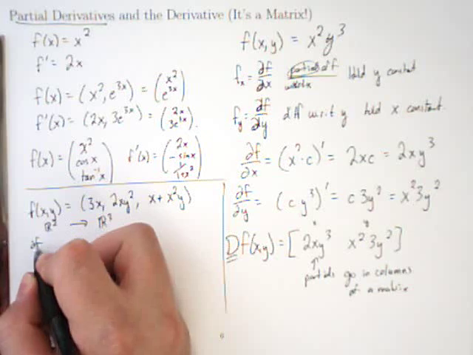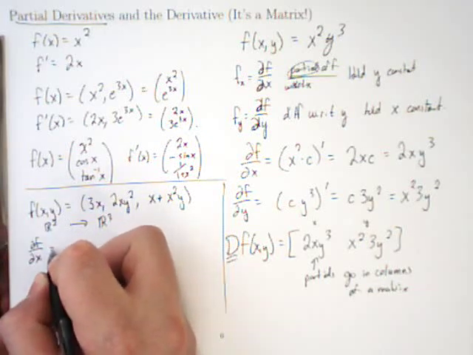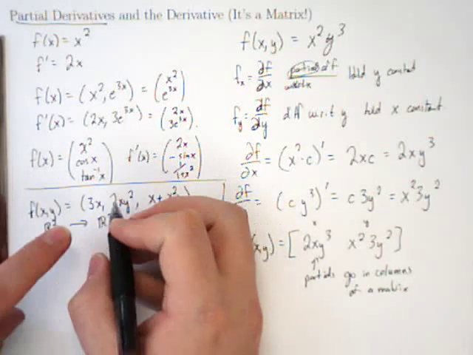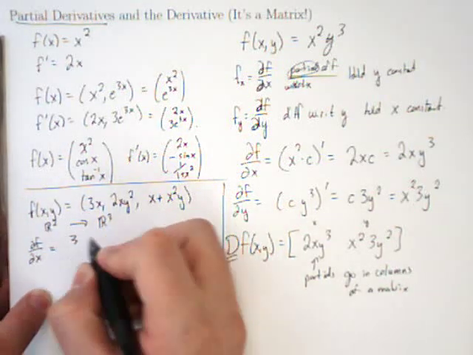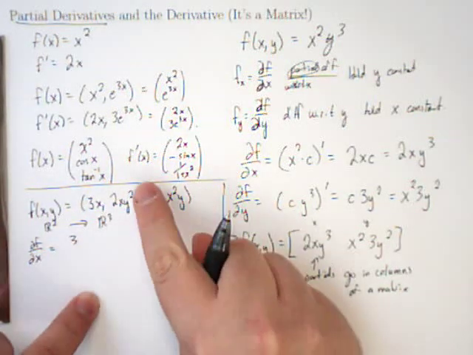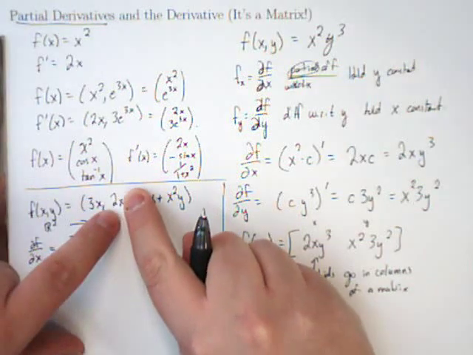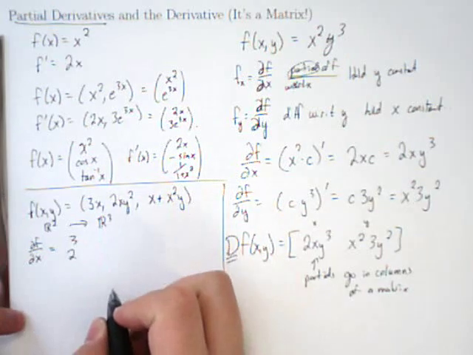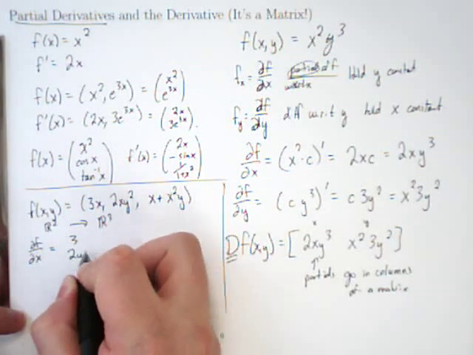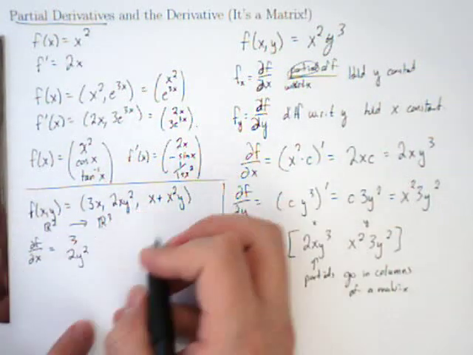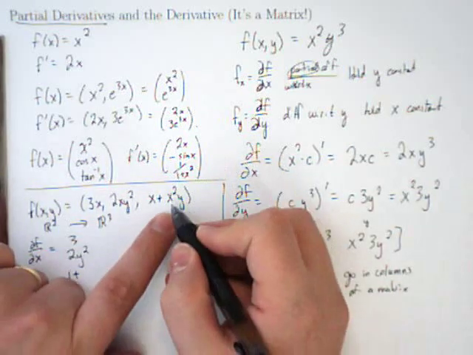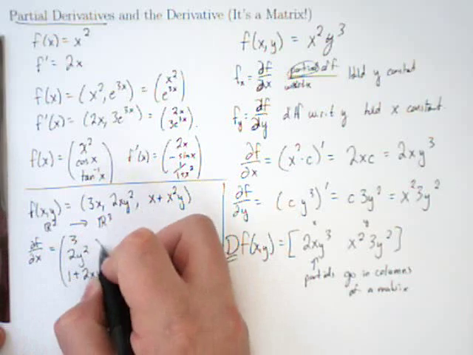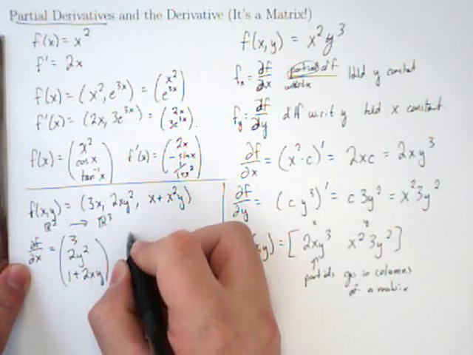So I can take the partial of f with respect to x. When I do so, if I think of this as a column, then the derivative here with respect to x is 3. The derivative here with respect to x is, remember, the y is a constant. So the derivative of 2x is just a 2, and the y squared is a constant. I'll leave it alone. And now the derivative with respect to x is 1 plus, bring the 2 down, so I've got a 2x, and the constant y stays there. That's the partial of f with respect to x.